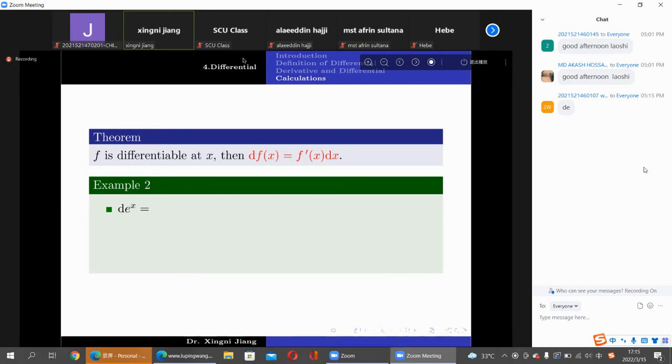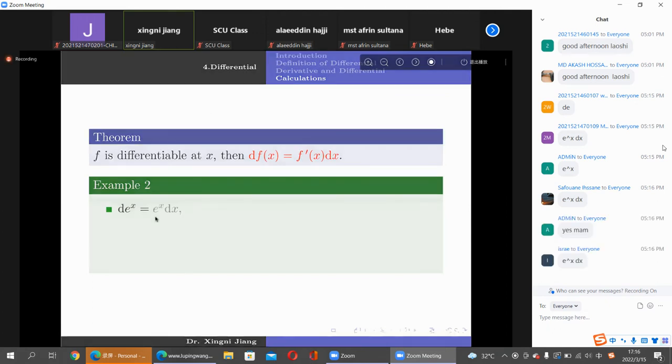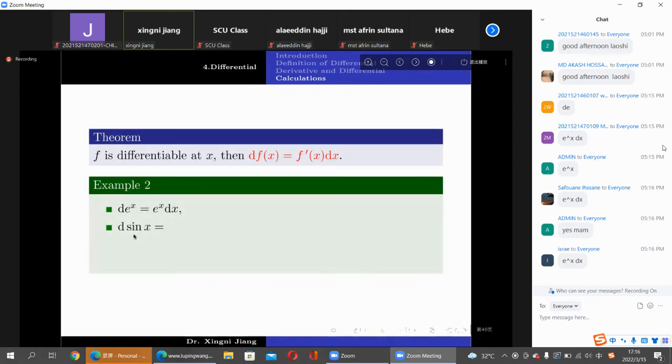No, it's not dE. Yes, it is e to the power of x multiplied with dx. Don't forget about the dx, okay? And how about this one?